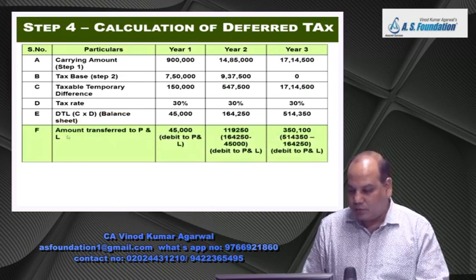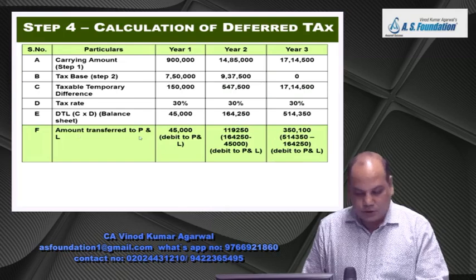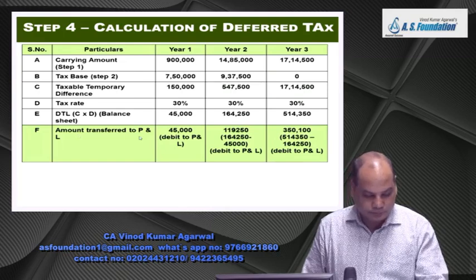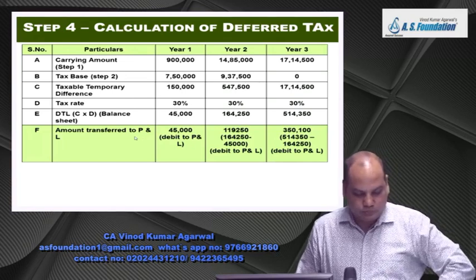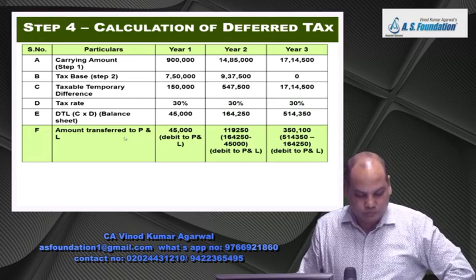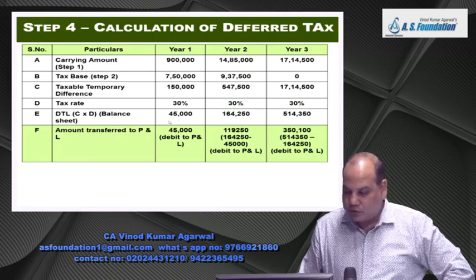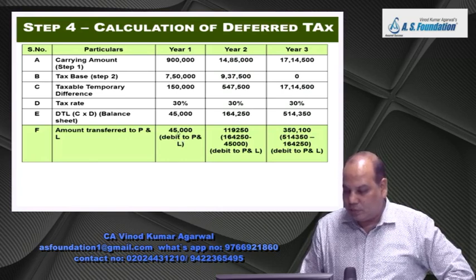Point number F, write down amount transferred to P&L account. First year 45,000. What is the entry we will pass? P&L account debit to deferred tax liability.